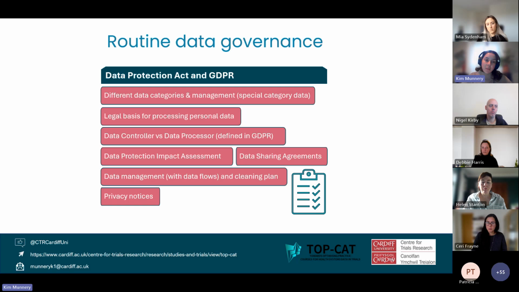So with the Data Protection Act and GDPR, as already discussed, there is now greater focus on transparency and accountability. And this increases our responsibility as an organisation and as individuals who are working with personal data.